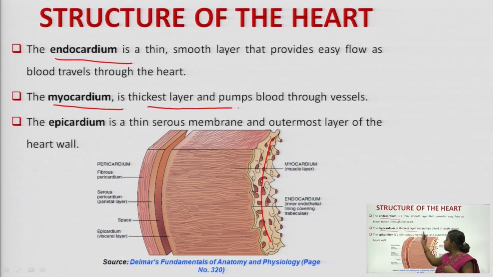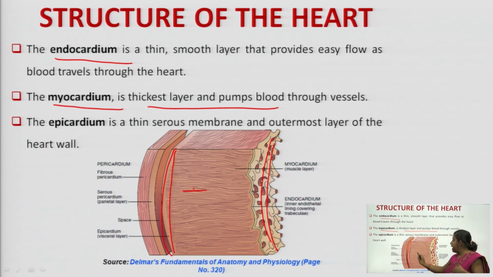So it is the thickest layer and it pumps the blood. The next layer is the epicardium. As we have seen, this is the myocardium, innermost it is the endocardium, outermost it is the epicardium, and in between it is the thickest layer, that is your myocardium.